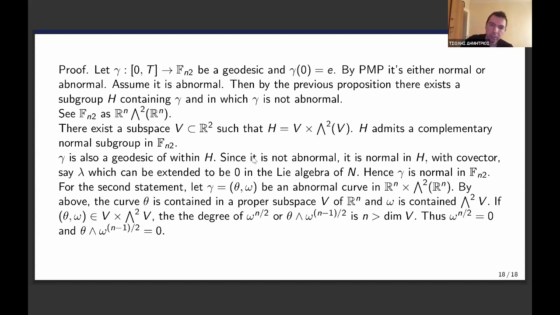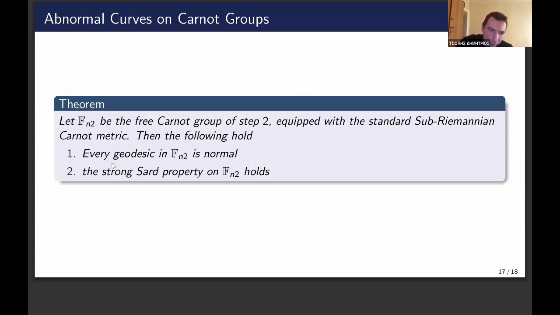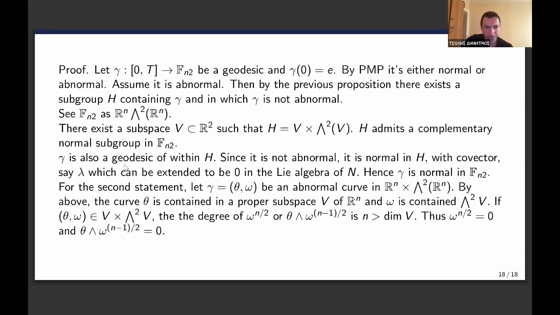Now for the second statement, we want the subproperty to hold, especially we want the strong subproperty to hold. So how do we prove this? Again, we use the same identification, and we have theta here for this part, and omega, this is a form here. And we consider this abnormal curve inside the space here.